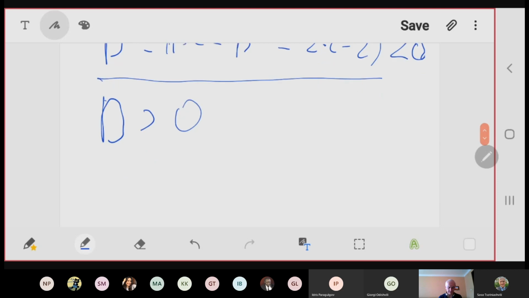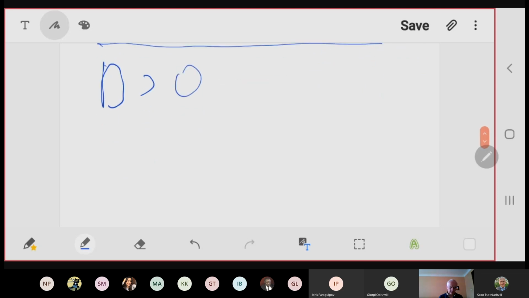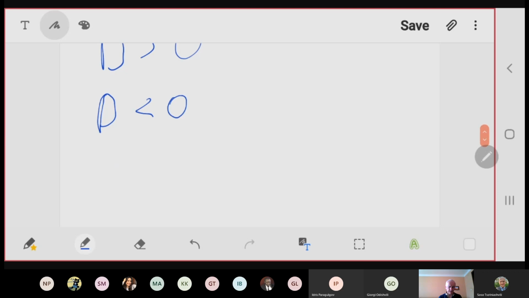This is the first case. Second one, D less than 0. D is negative. It means this function has no maximum and no minimum. And when D equals 0, it means that this test fails. We have no answer whether this function has a maximum or minimum.